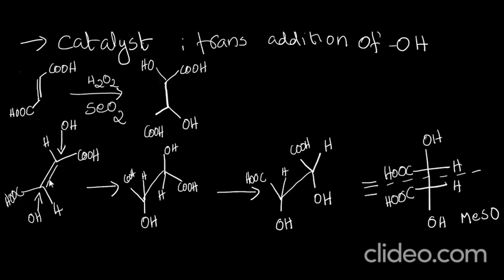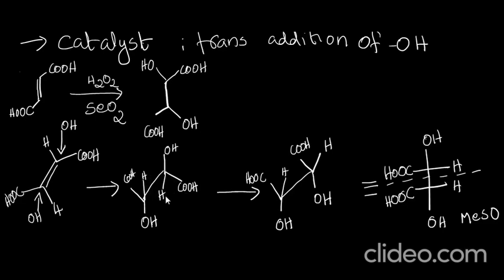This is the structure of fumaric acid. Here the COOH groups are in trans manner. When OH groups add to this double bond in trans, it will be converted into this product. And this is the staggered configuration of the diol.